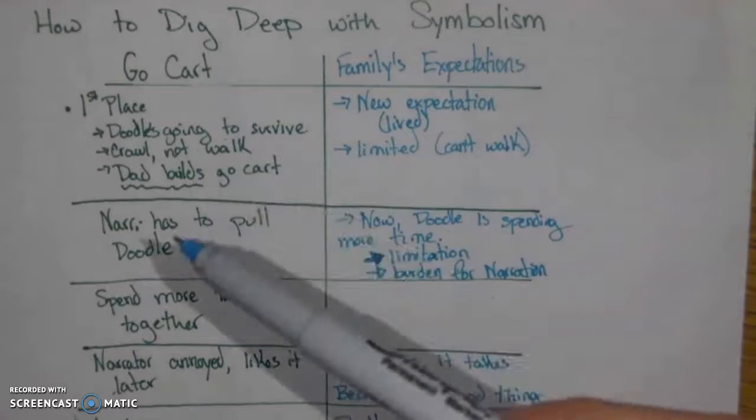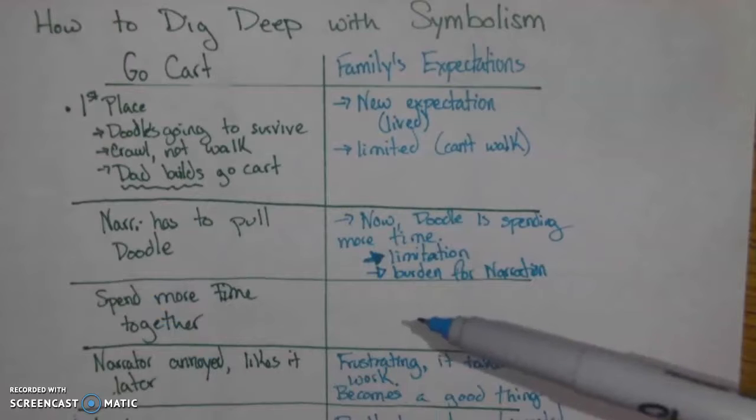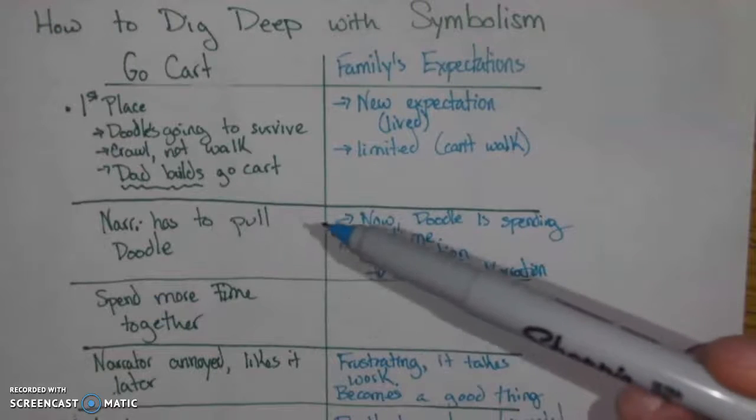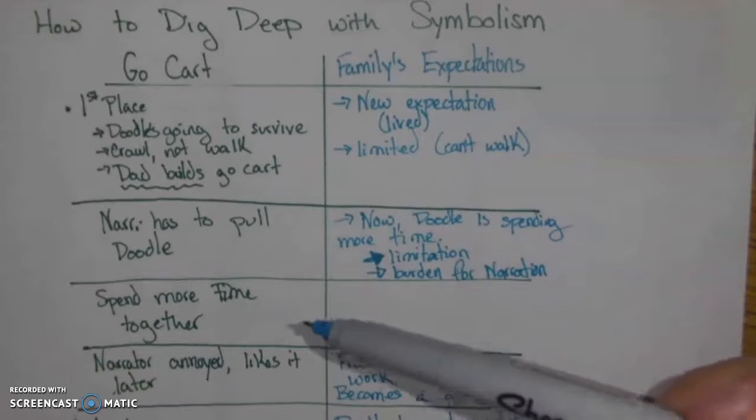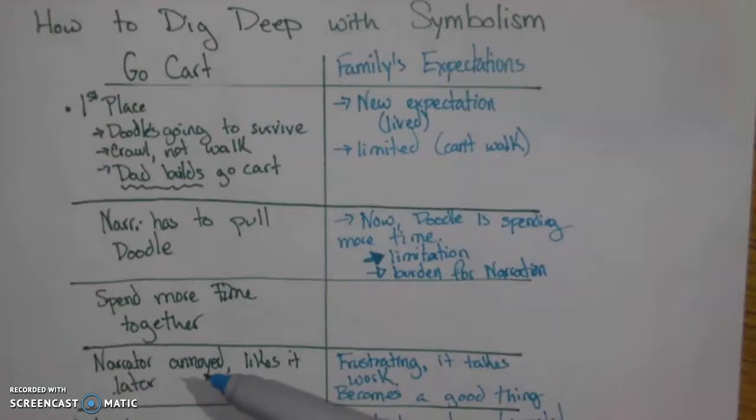And that will give you a broad range to work with. And if you reach one where you don't really have much to say about him pulling around Doodle or spending much time with him, I can skip that and go to a different area and still have a lot of depth and growth.